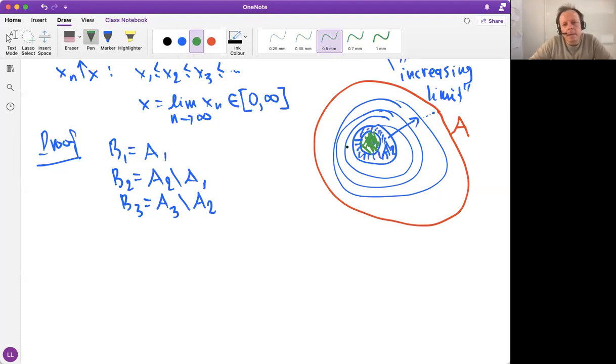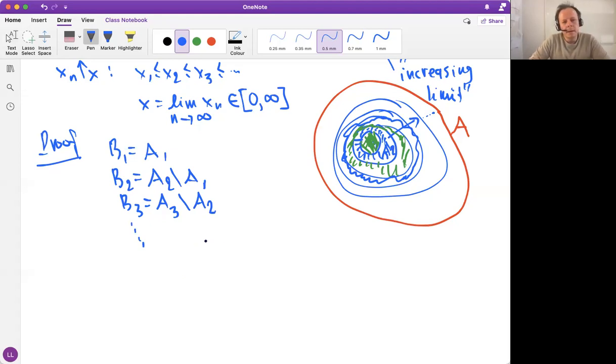And then B3 is this here, and so on. So we take part by part, and we add one slice and so on. So we can write this sequence B1, B2, B3.